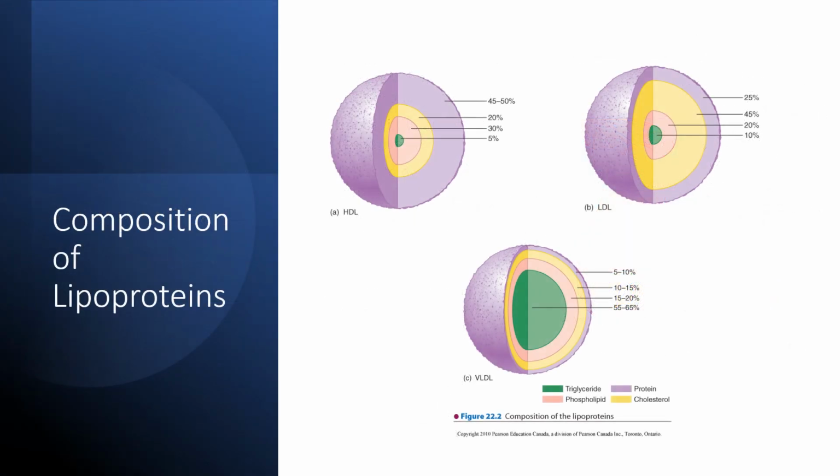One of the key components of that atheroma or the plaque that is building up in your coronary arteries are lipoproteins. And so what this is showing you, there are 3 different types of lipoproteins. HDL, which is high density lipoprotein.